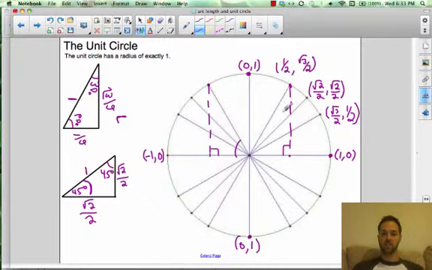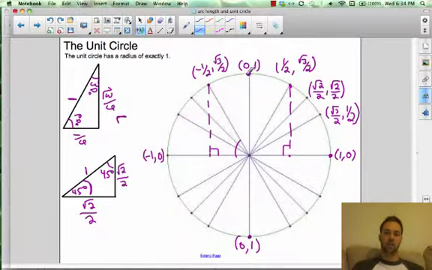It will be the same as the other 60 over here, except that we're going in the negative direction now. So instead of 1/2, we will have negative 1/2. But what about the y? We're still going from the x-axis in an upwards direction, so y is still positive. So this will be positive root 3 over 2 for the y.